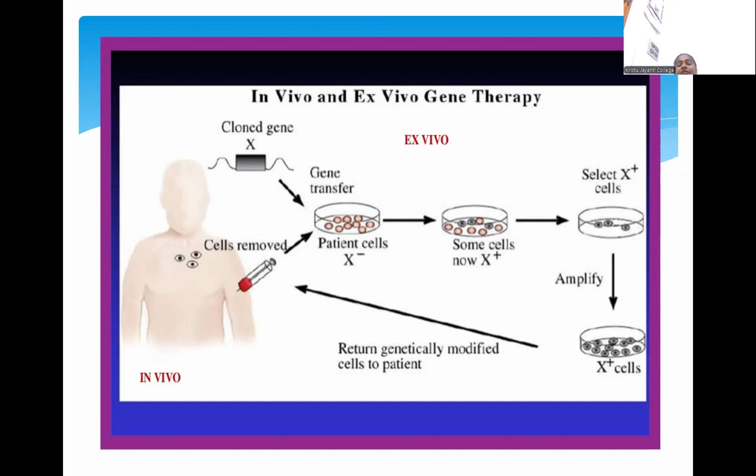The cells that take up the correct gene are called positive cells, and these positive cells are later amplified in laboratory conditions using specific screening and selection methods and media. These amplified cells, which now have the correct gene, can once again be returned to the individual in the form of IV or intramuscular injection. Thus, this diagram speaks about both ex vivo as well as in vivo gene therapy.